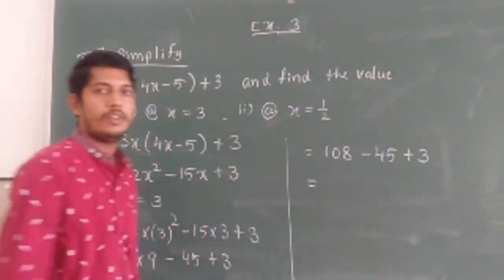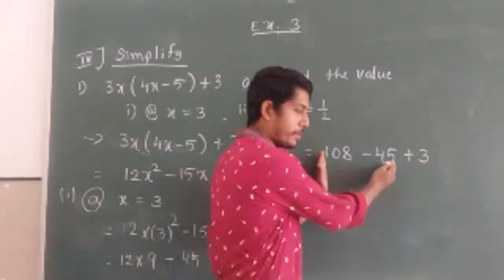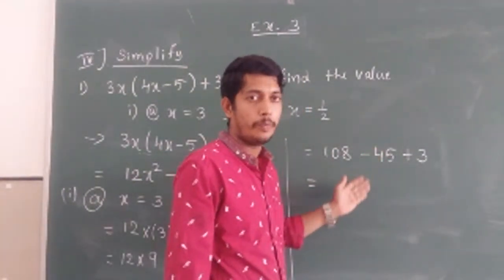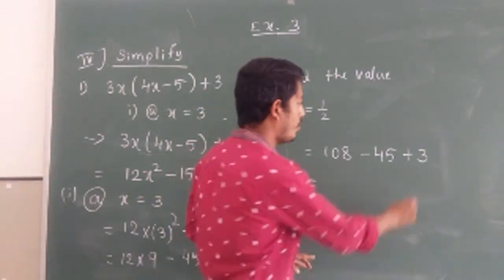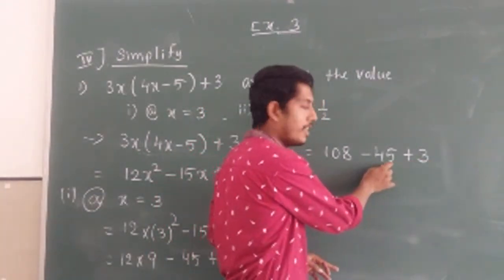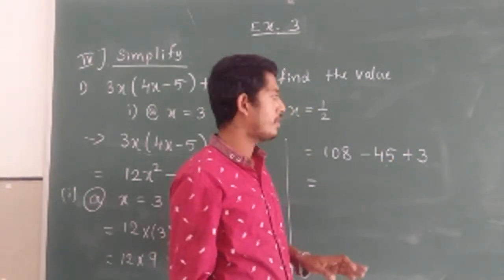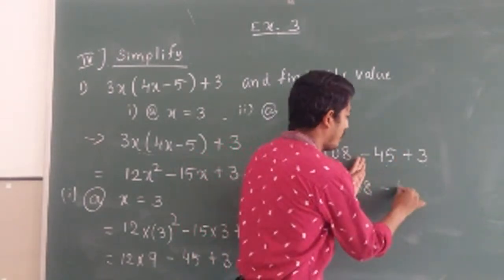Now you have to remember one thing. If you want to subtract, you have to do 108 minus 45, which gives a particular answer, and after that you have to add plus 3. Otherwise, if you want to use these two terms, then you have to consider 45 along with the sign. Sometimes you will do 108 minus 45 plus 3 and say it becomes 48.